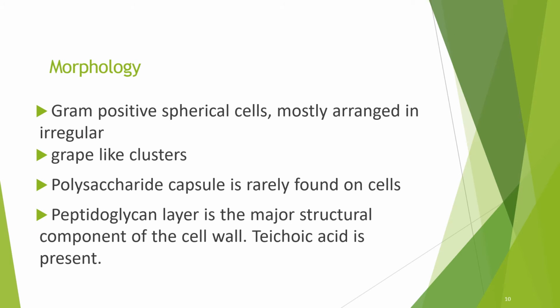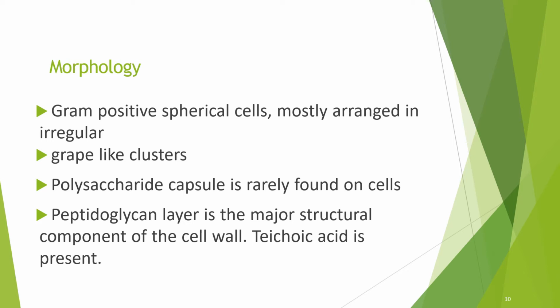Moving on to the morphology, we already told it is spherical cells, mostly arranged in irregular singles, pairs, and grape-like clusters. A polysaccharide capsule is rarely found on the cells.